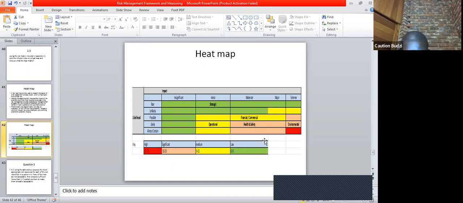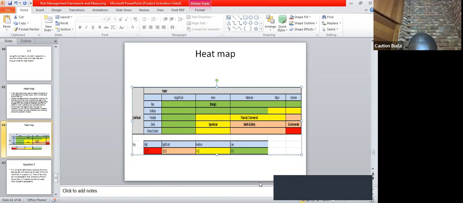Okay, so this is the heat map. This is our heat map with regard to the identified risks. For our heat map, we will use the risk scale that we discussed in question 2.2.